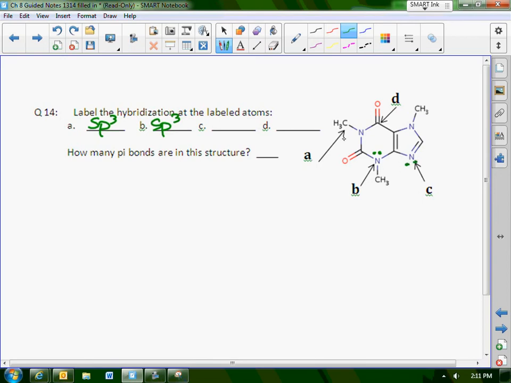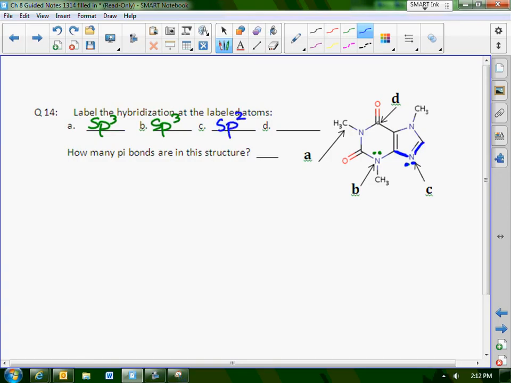So this one is no longer an sp3 because we have this one right here that is not part of hybridization. This one is part of the hybridization, this one is part of the hybridization, and these are part of the hybridization, so that's an sp2.